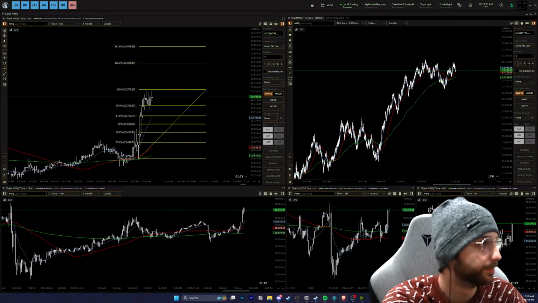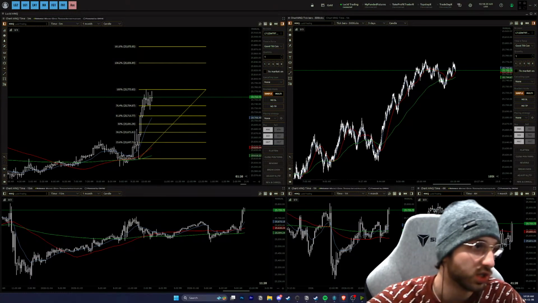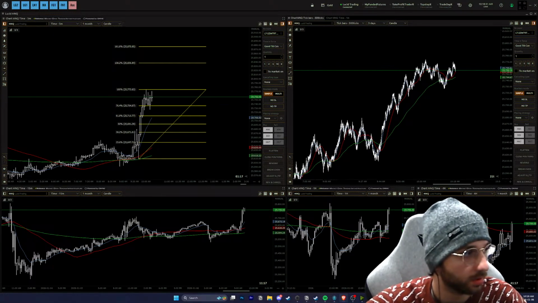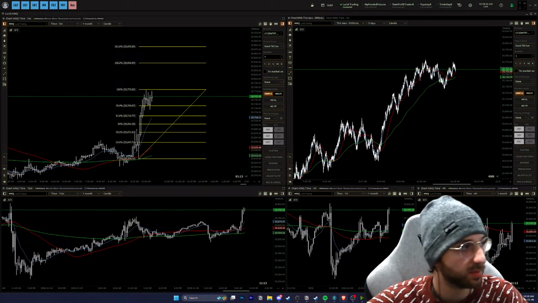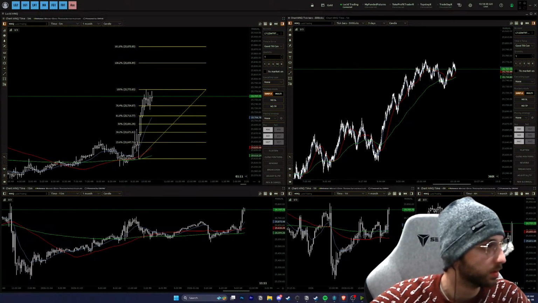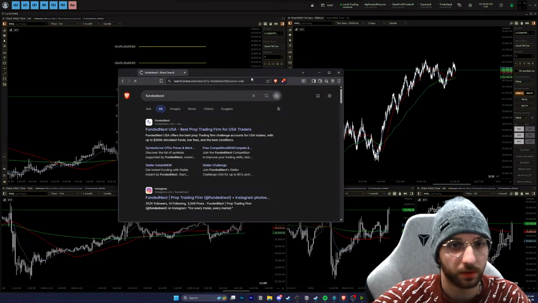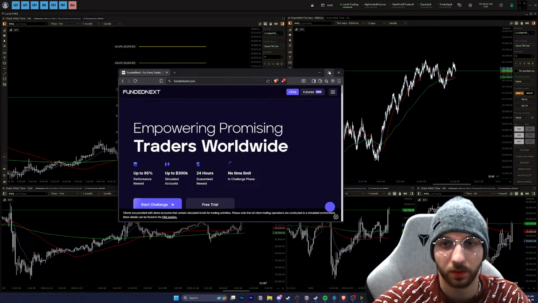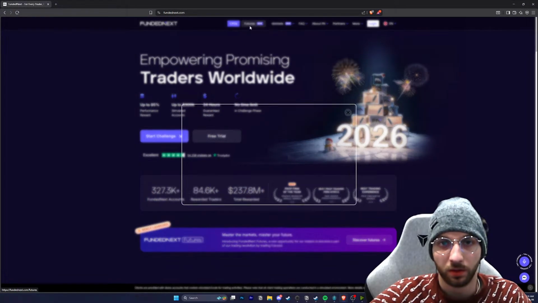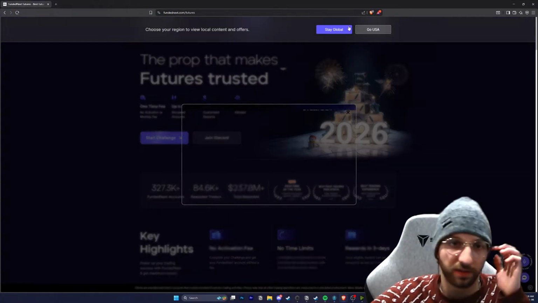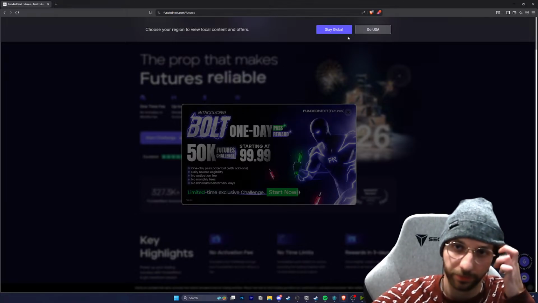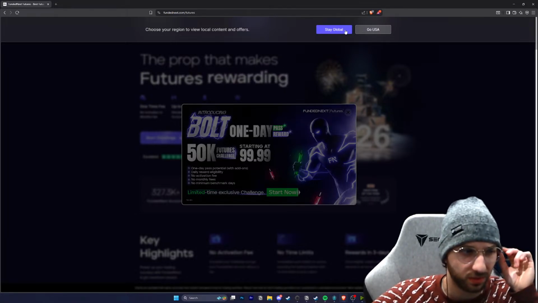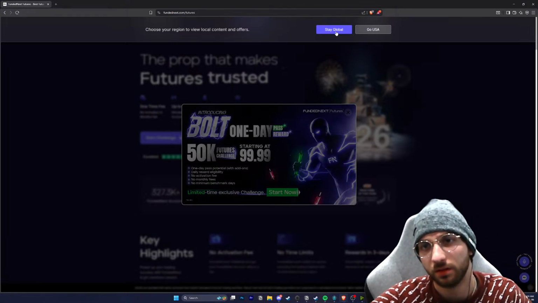Funded Next. They're actually pretty cool. They're pretty new. They were in the Forex space for a while, and they opened up futures late last year.